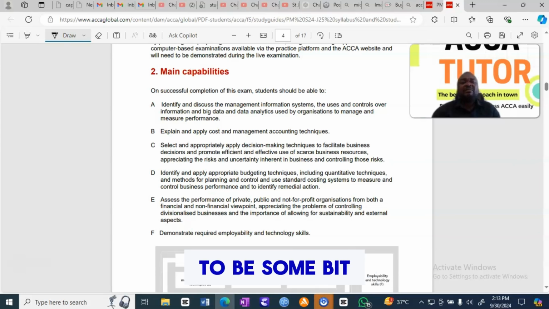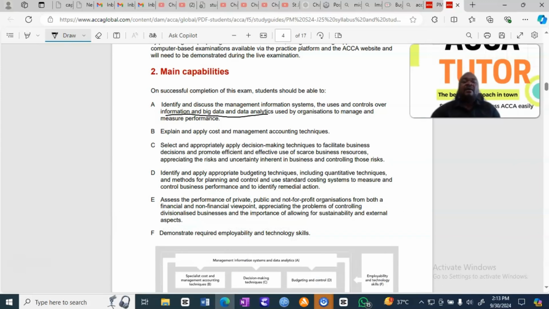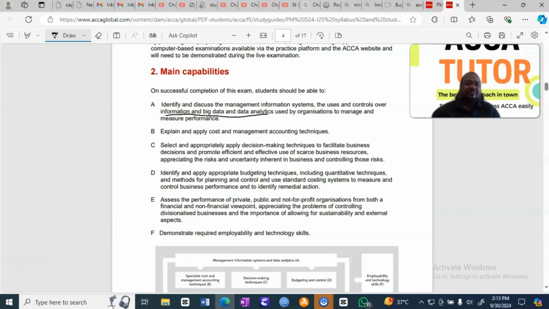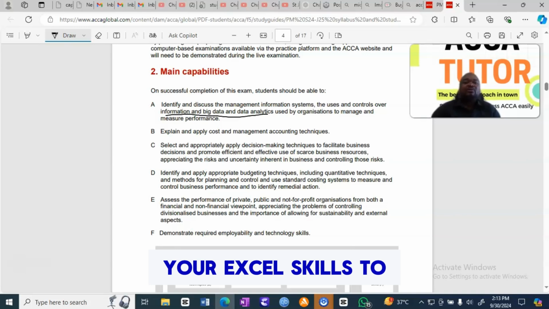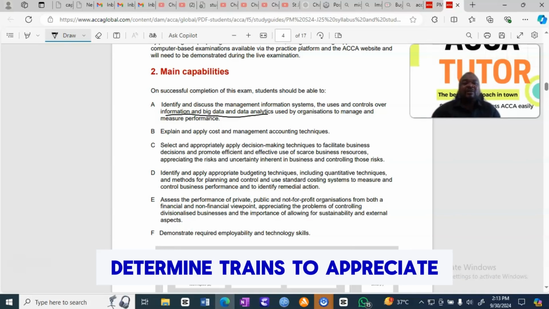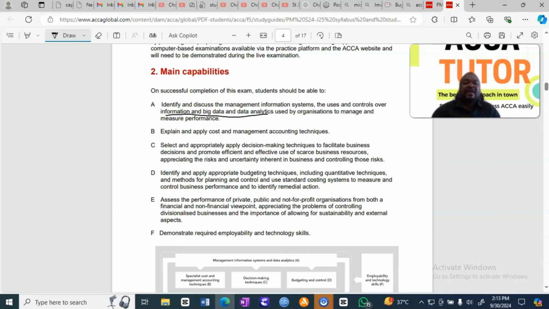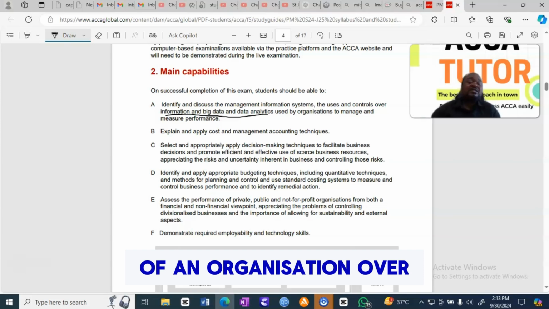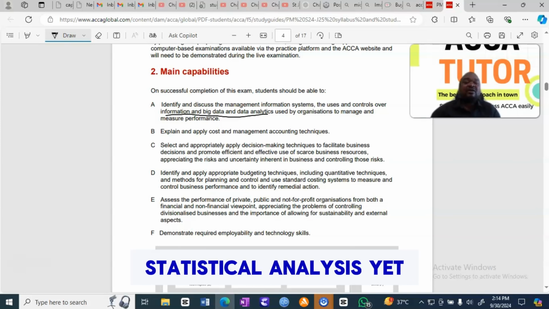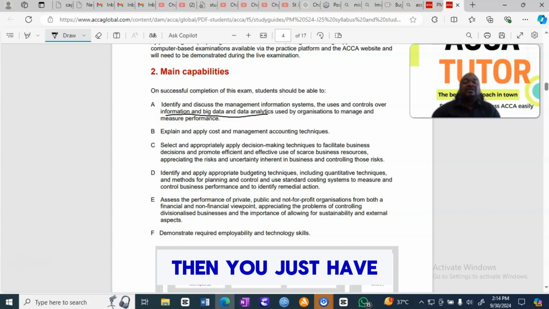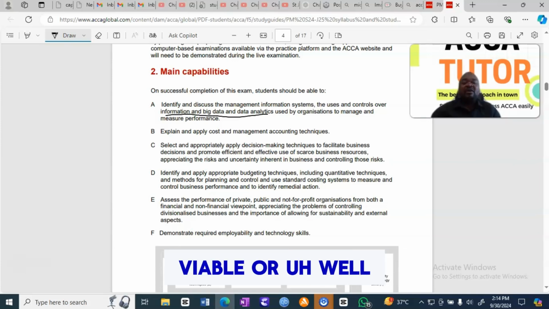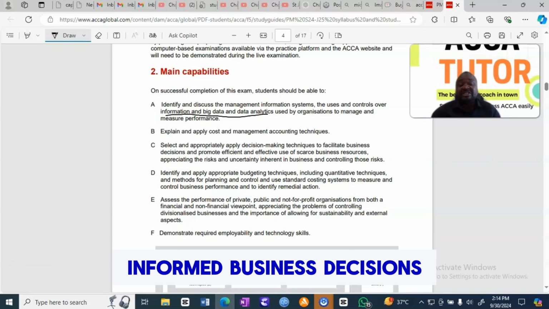So there is going to be some bit of data analytics where we use your Excel skills to determine trends, to appreciate the business performance of an organization over time. All those things, some statistical analysis here and there. You just have to use those simple mathematics to come up with viable or well-informed business decisions.